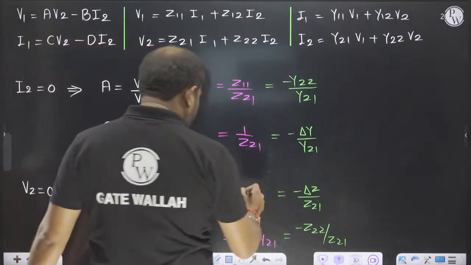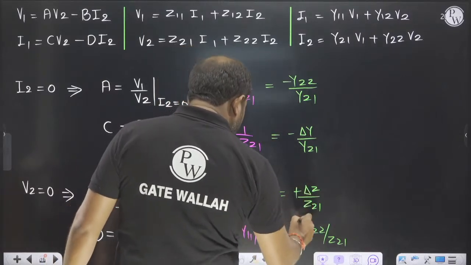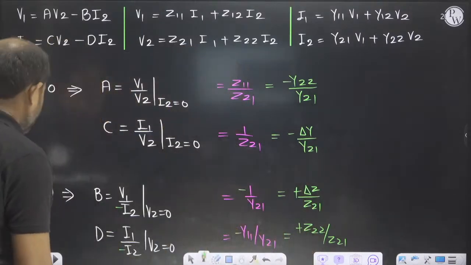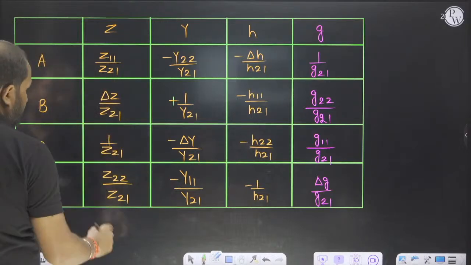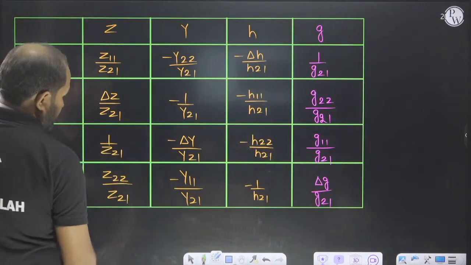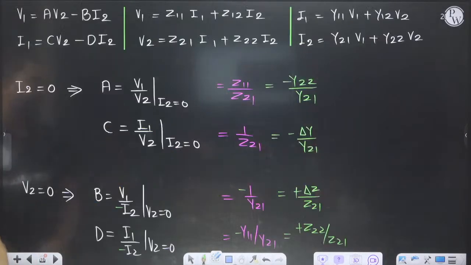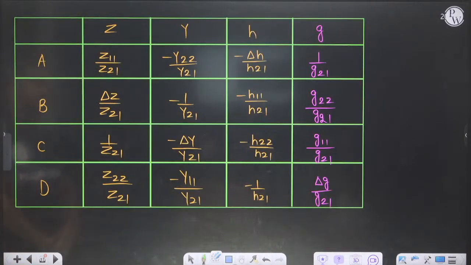So it will be minus, plus, plus. Okay. And the y parameter will be minus Y22 by Y21, minus 1 by Y21, minus delta Y by Y21, and minus Y11 by Y21.